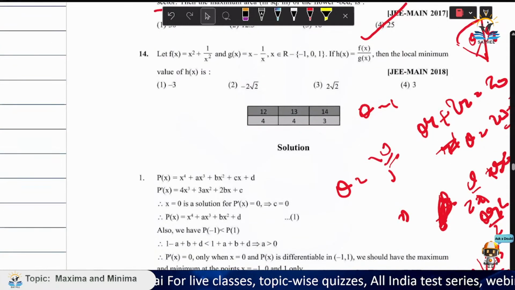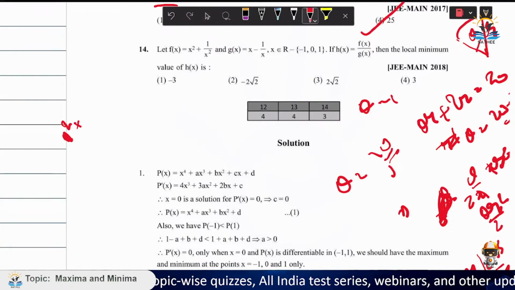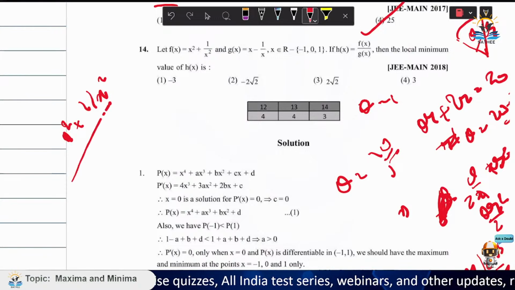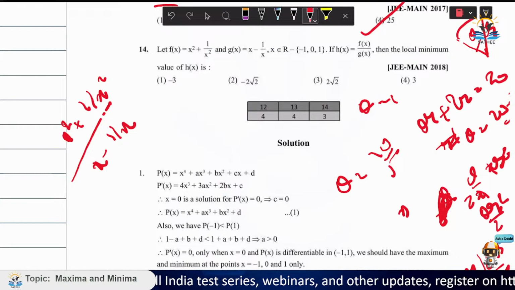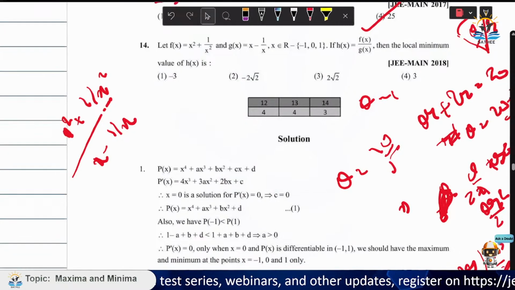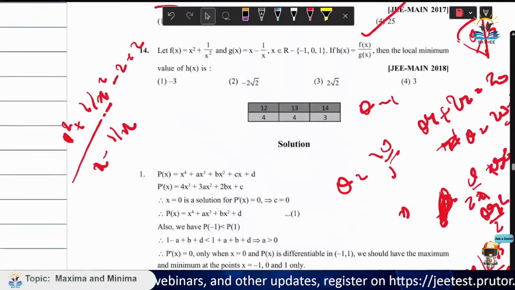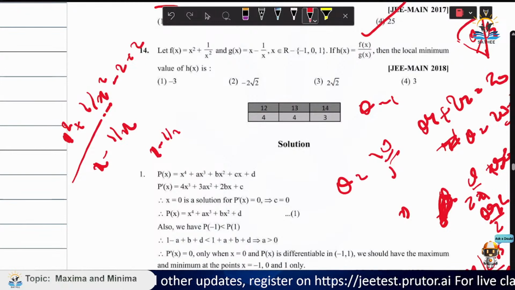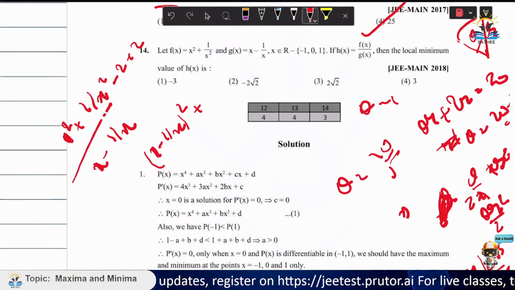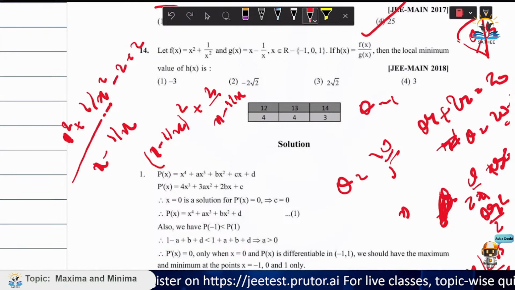we try to calculate first, right, what h of x looks like. So h of x looks like x square plus 1 by x square upon x minus 1 by x, right? So if we write -2 and +2 here, so what are we left with? We are left with x minus 1 by x whole square plus 2 upon x minus 1 by x, right?